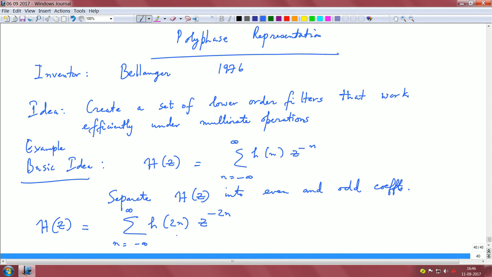So, at all even points I am getting this, I am grouping all these terms of this filter, and then I group all the odd parts in this form. I just wrote it as z power minus 2n here. This is basically h of 2n z power minus 2n plus h of 2n plus 1 z power minus (2n plus 1), that the additional factor z power minus 1 I just pulled it outside here, right. So now let us see how this is important.